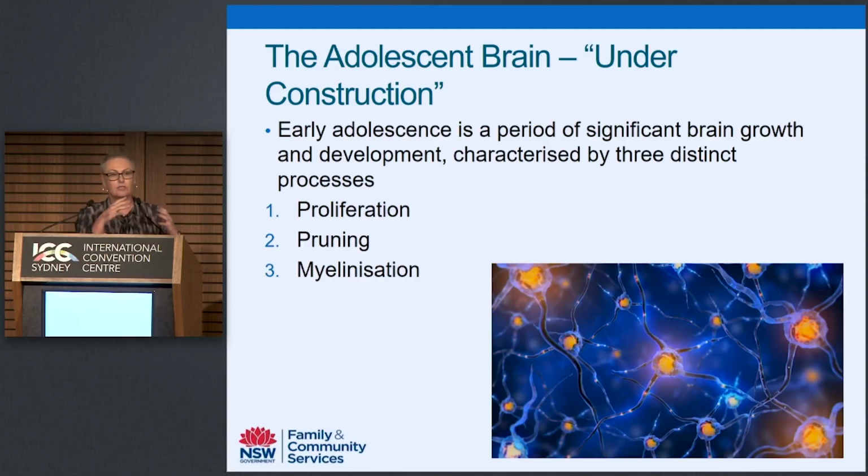But where there is repetition and predictability, I describe it as tar being laid down. So connections are being formed between those parts of the brain, and that is the myelinization process. So through that process, the pruning is getting rid of the ones you don't need. The myelinization is really embedding the connections that are being utilised.